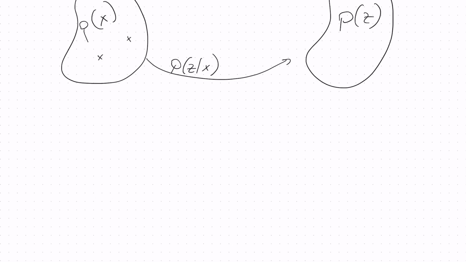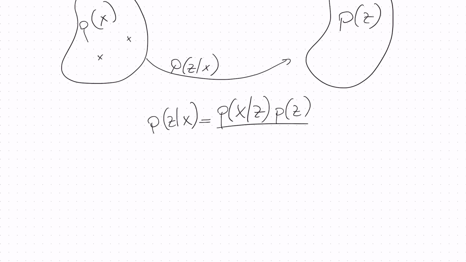The encoder, on the other hand, is a problem because, if we write it out, we have the probability to get vector z given some vector x, which is equal to the probability to get vector x given z times the probability to get z divided by the probability to get x.